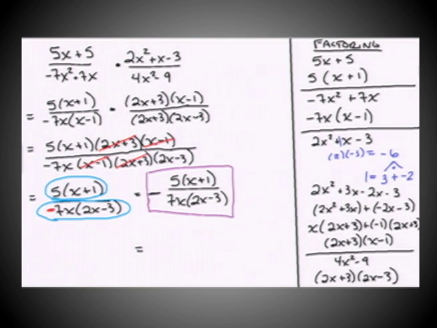So I'll just also write that answer. Either one is completely acceptable though. So the whole thing is negative, and we have 5x plus 5 when I distribute the 5. And in the denominator, we have 14x squared minus 21x.